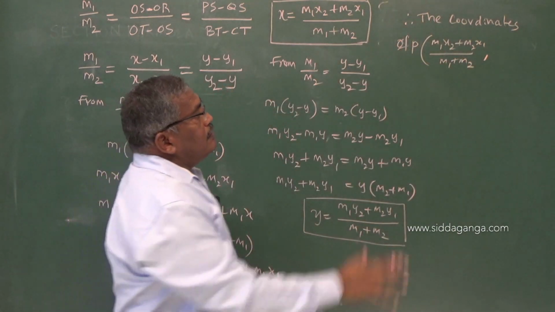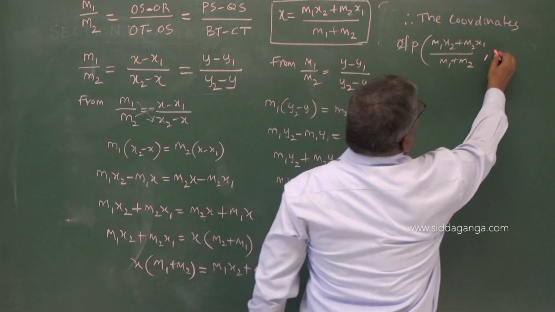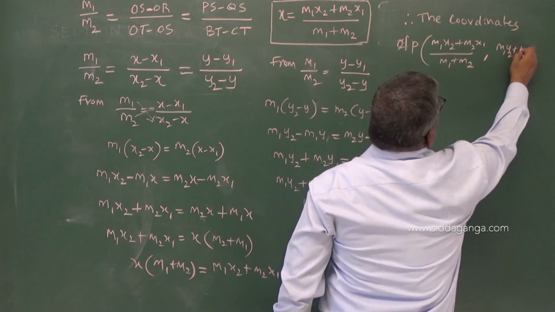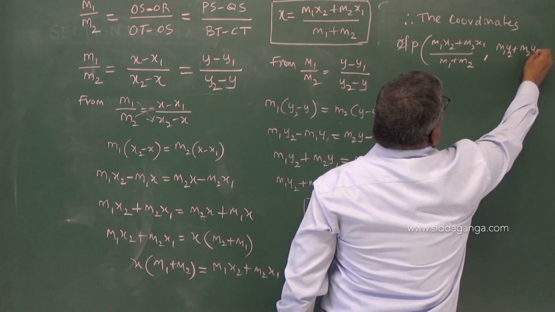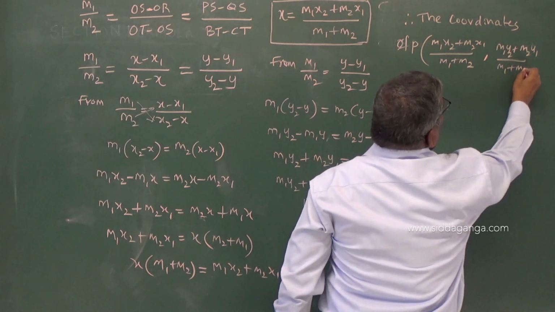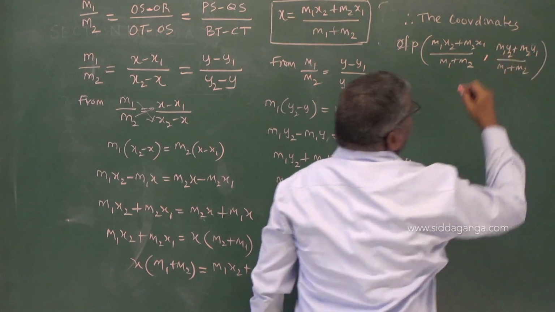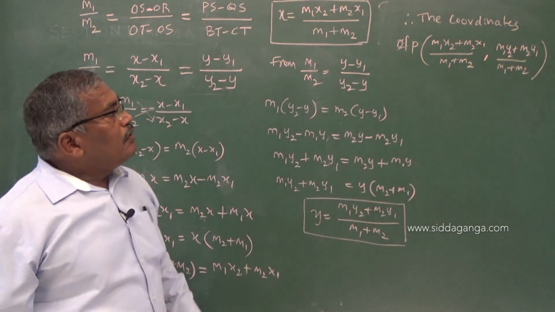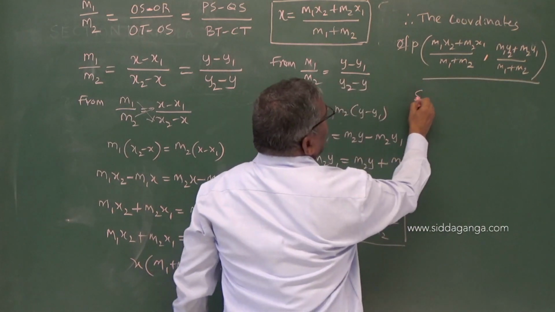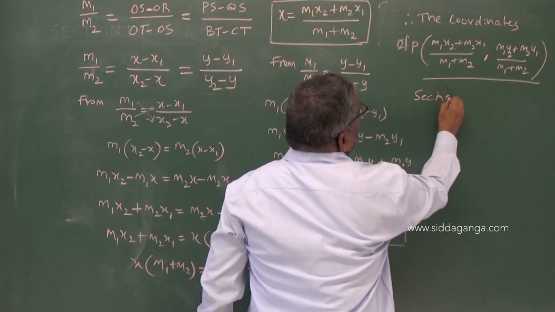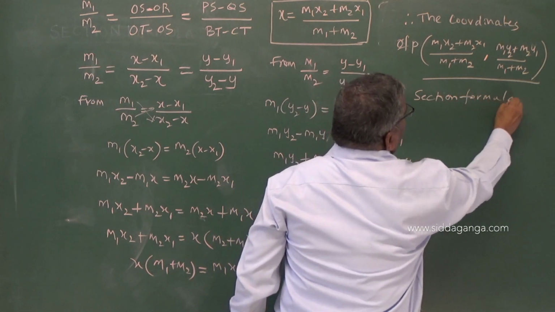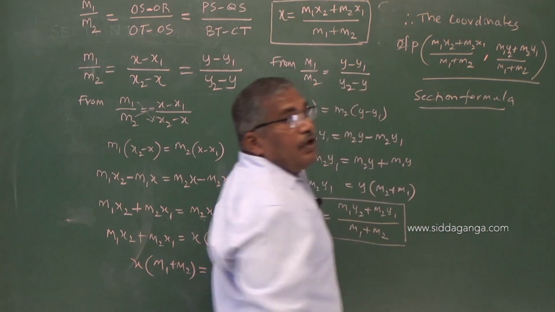We say this is the x value. M1 y2 plus M2 y1 divided by M1 plus M2. So this is the coordinate value of P. This is known as the section formula.